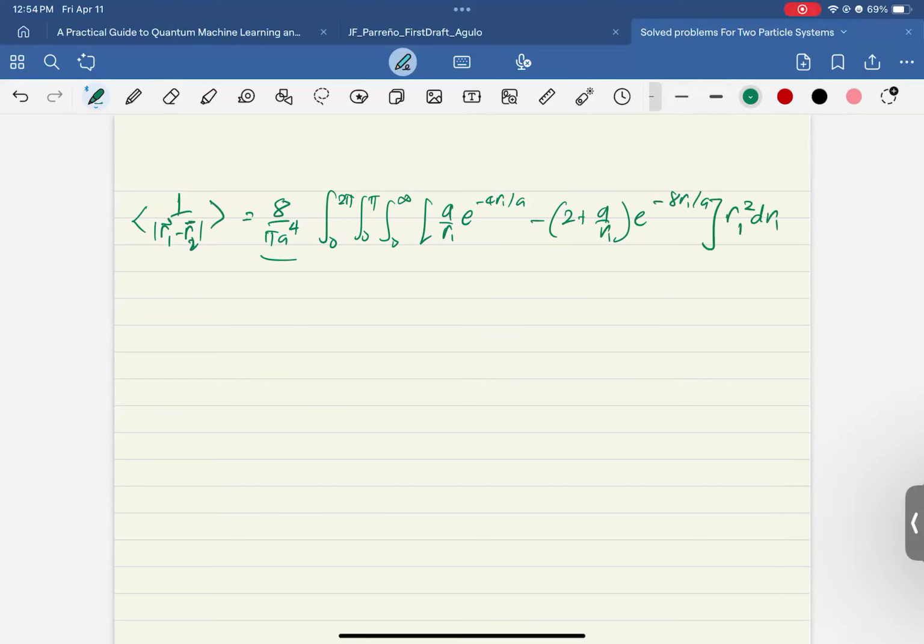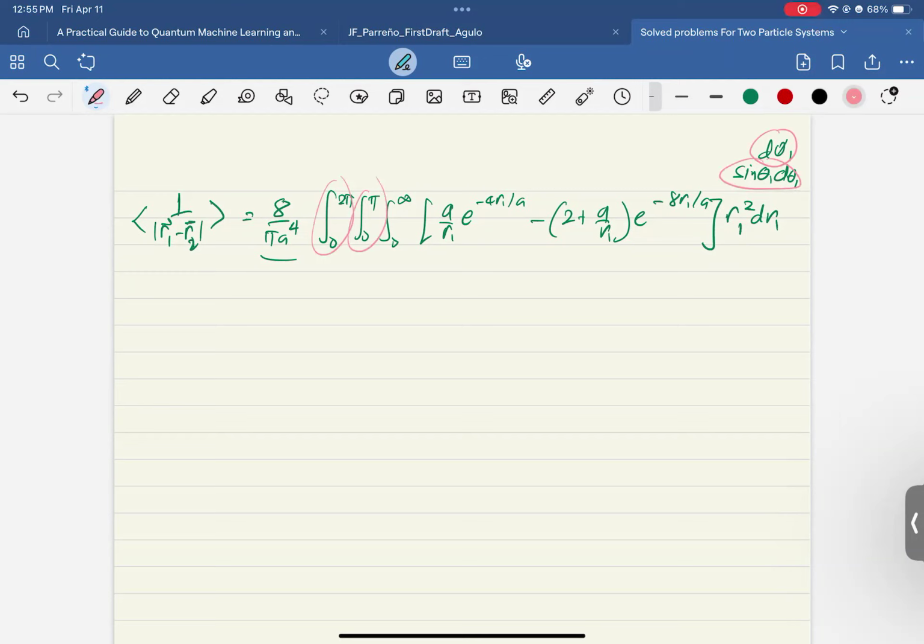Then meron ka pang sine theta 1 d theta 1 dyan at saka d phi 1. Pero yung integral ng d phi 1 will just give you 2 pi, and this one, yung integral nito, will give you 2.